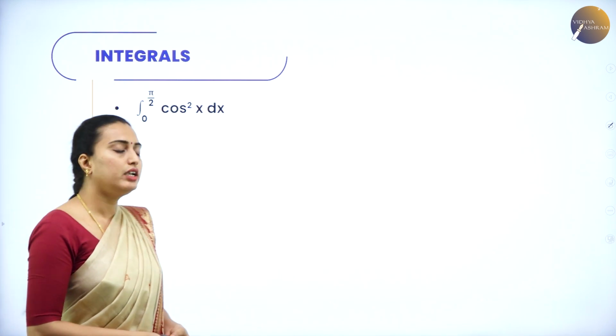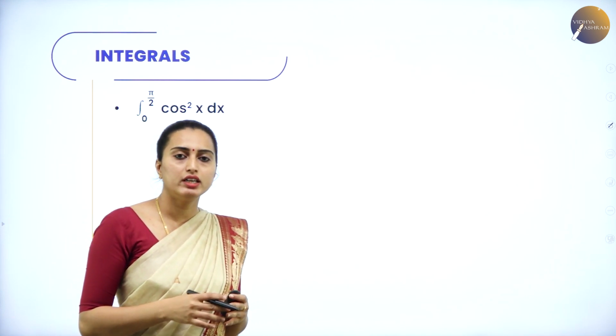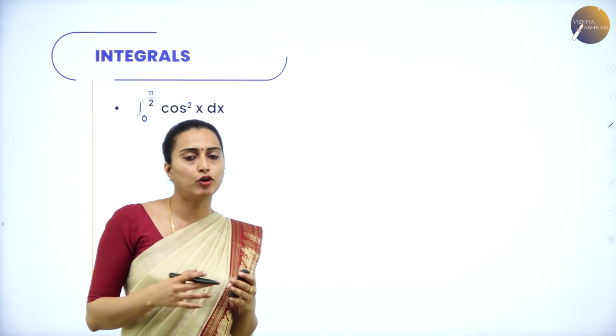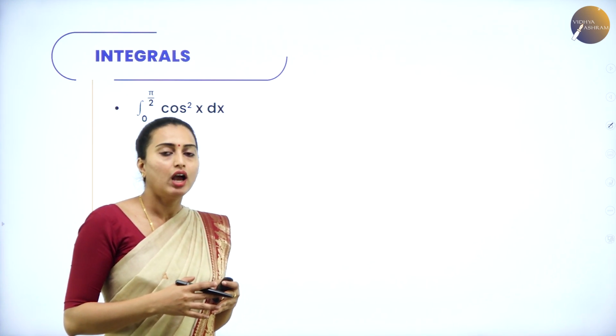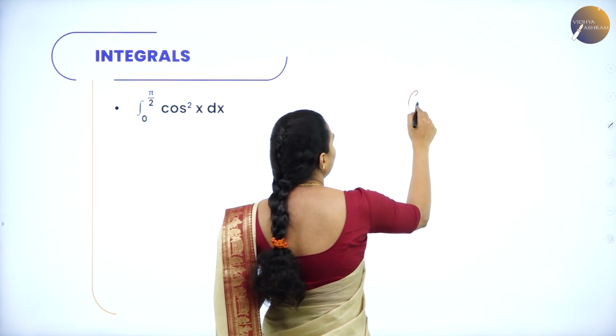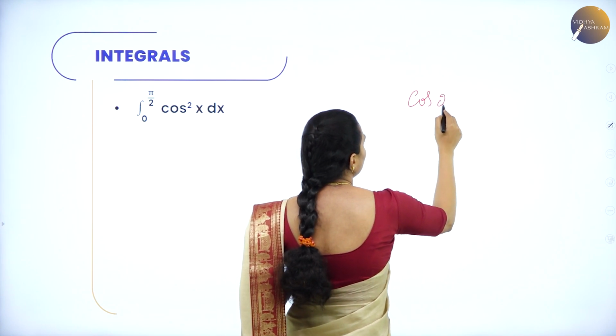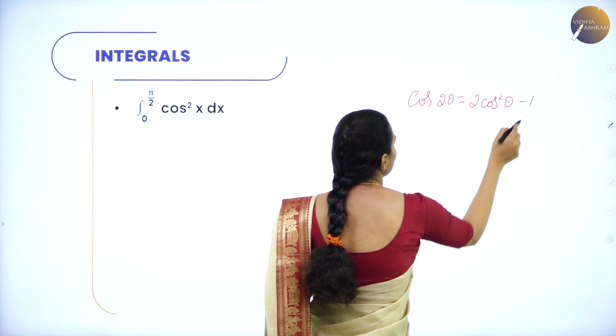What they've asked: integral of 0 to pi by 2 cos squared x dx. We do not have a direct form for the integration of cos squared x. So what I am going to do is reduce it to another form. You know already, cos 2 theta can be written as 2 cos squared theta minus 1.